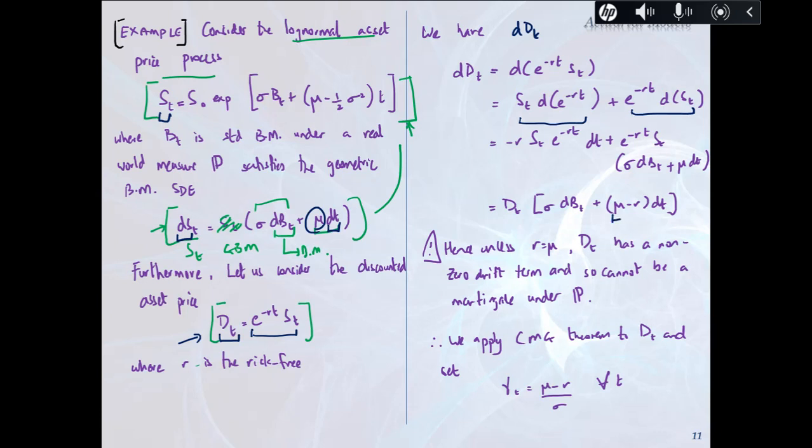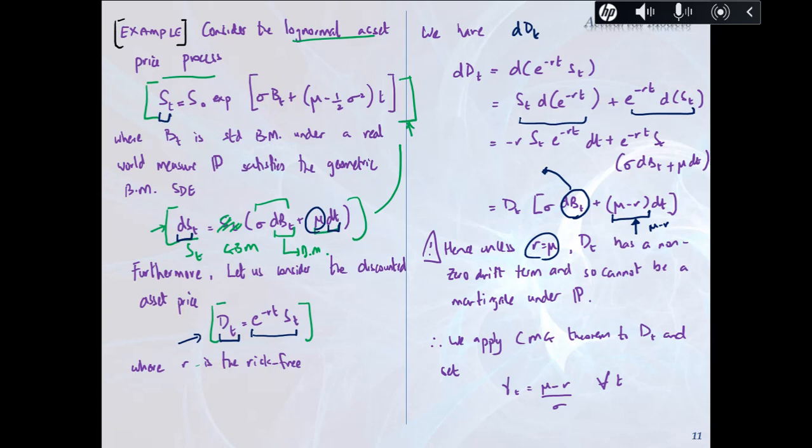We see that here also we have a drift, mu minus r. Unless r is equal to mu, where this will be 0, we can say that Dt is a martingale. Otherwise, we can't say that. So what we do is we want to change the probability measure of the Brownian motion.